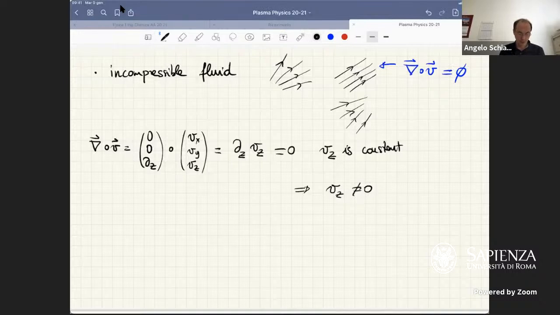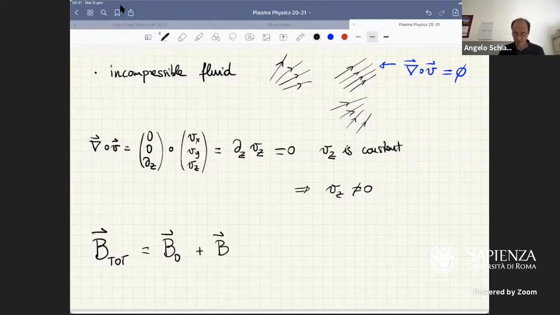Let's now describe what is the total magnetic field, B total. The one that enters the MHD equation will be the superposition of two fields. One is the externally applied B field, and the other one is the magnetic field that is representing the Alfvén wave.